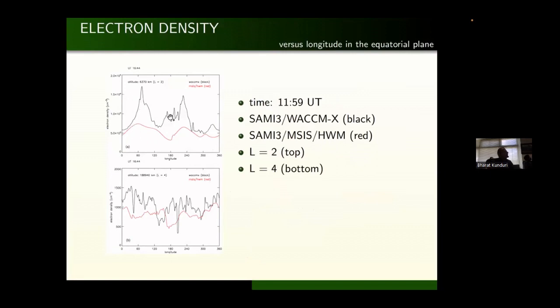The point is, you can see relatively strong variations, almost a factor of 2 or so in longitude as you go around the Earth. At higher altitudes there's a lot of structure associated with WACCM-X, and maybe a tiny bit with the high-top WACCM or with MSIS HWM, but part of the structuring at this higher L shell is associated with high latitude dynamics of the potential there.